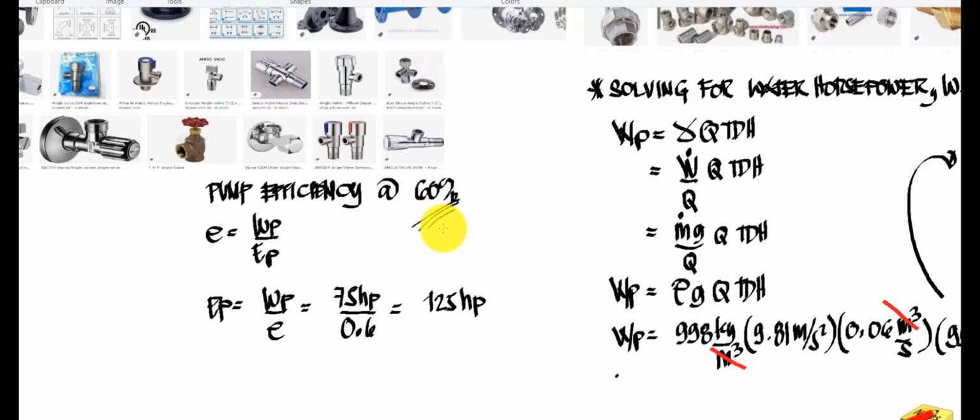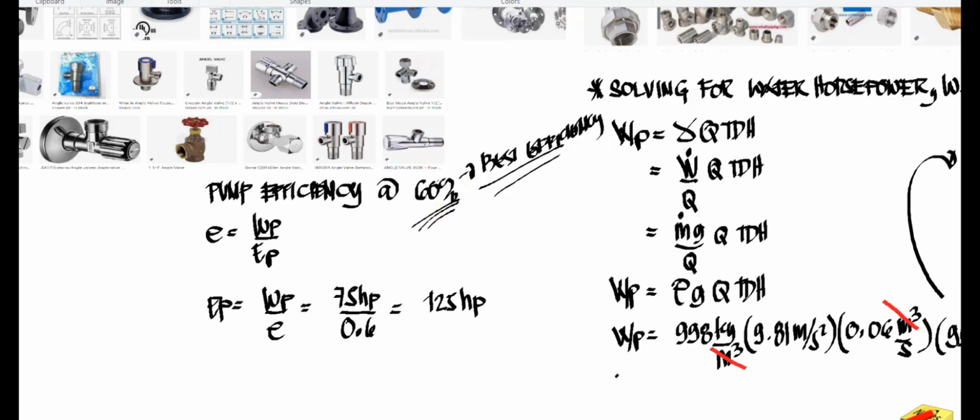Now the 60% efficiency is sometimes called the best efficiency point. This is the best pump efficiency that is required to attain to become more efficient. So that is already in the number of 60%. It is always so, so take note of that.